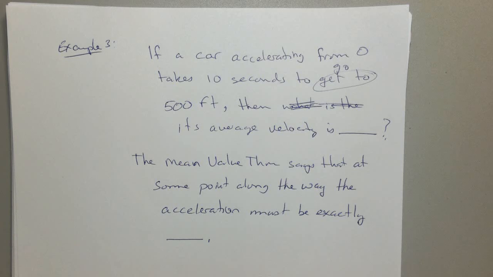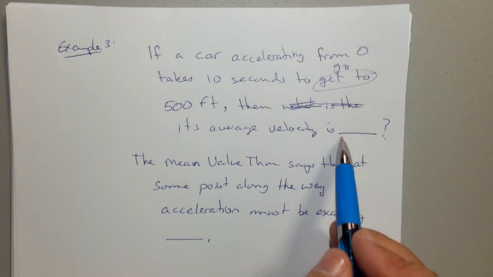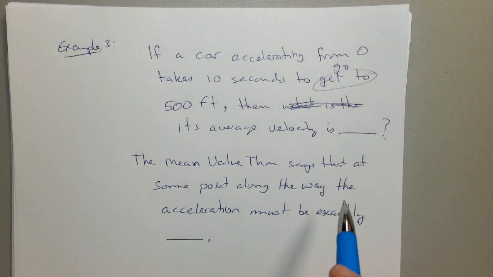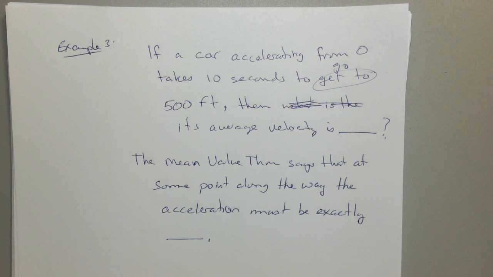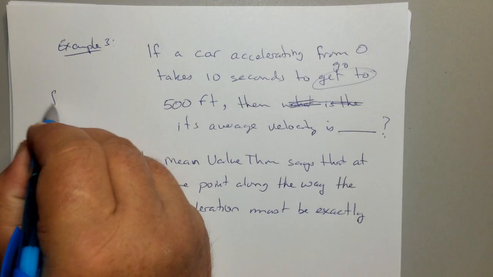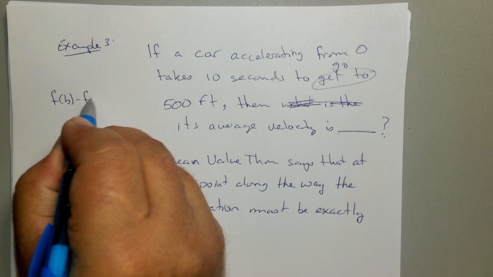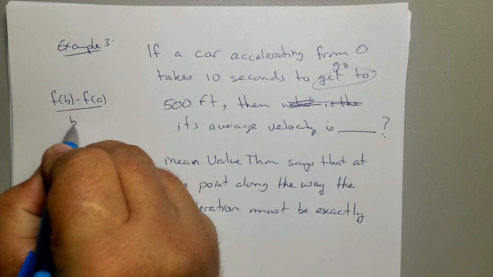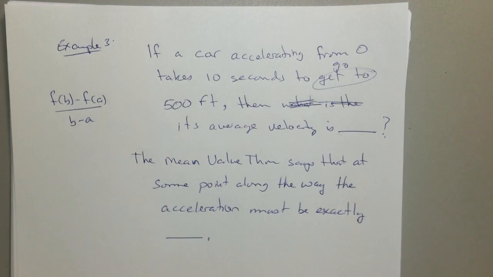How would you use the mean value theorem here? What's the average velocity? On the mean value theorem, what's the average part of the mean value theorem? Right. That's the average.